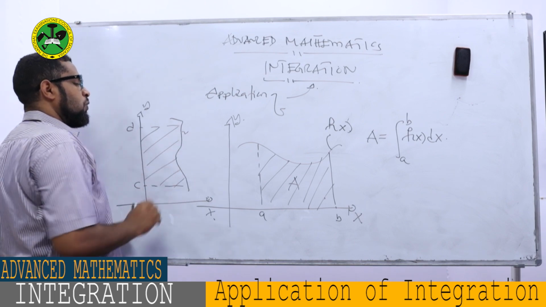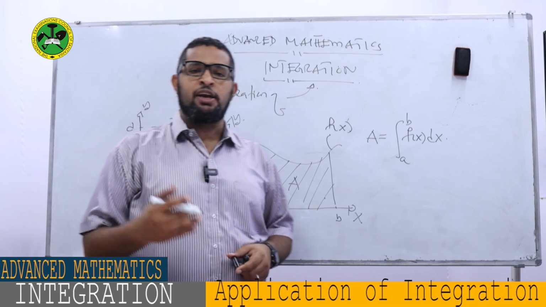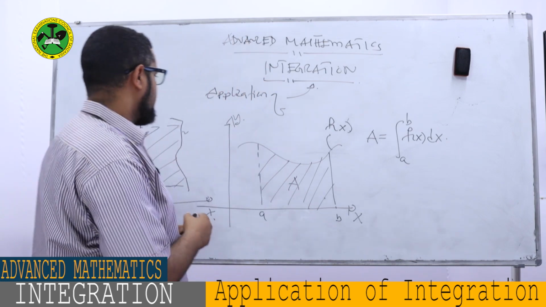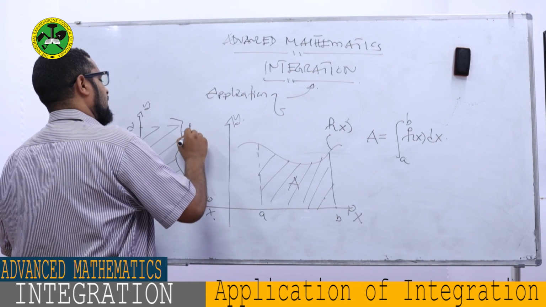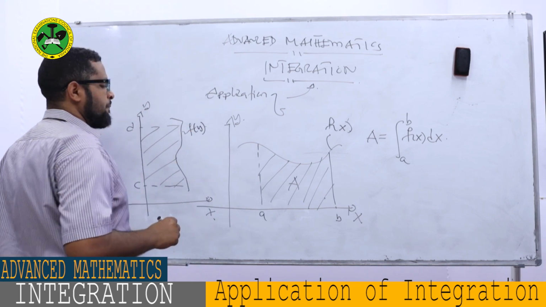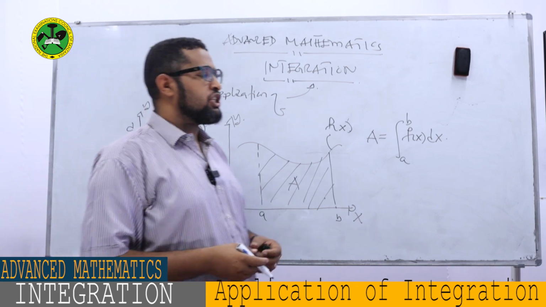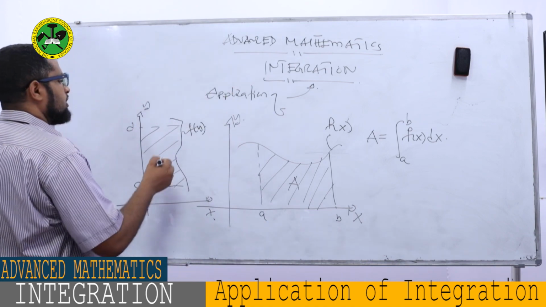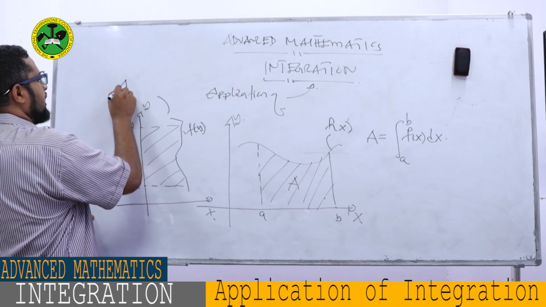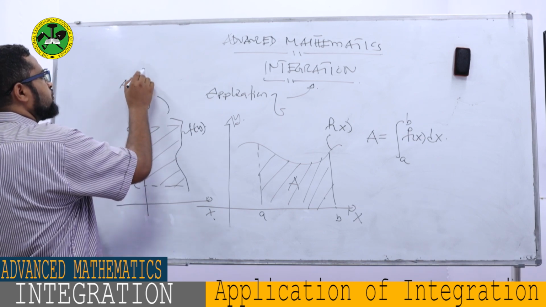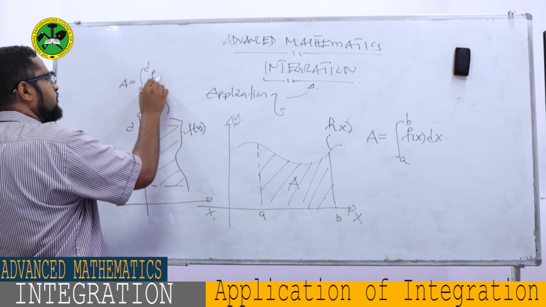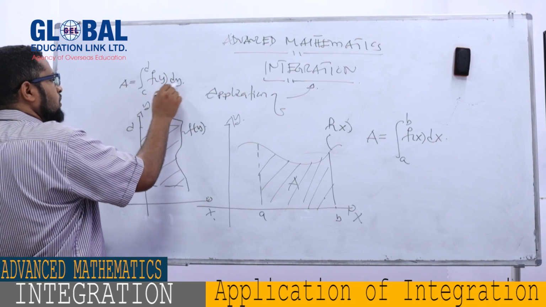Now the function will be written in terms of y and not in terms of x, so it will be f of y. The area of such a curve will be equal to the integral from C to D of f of y dy.